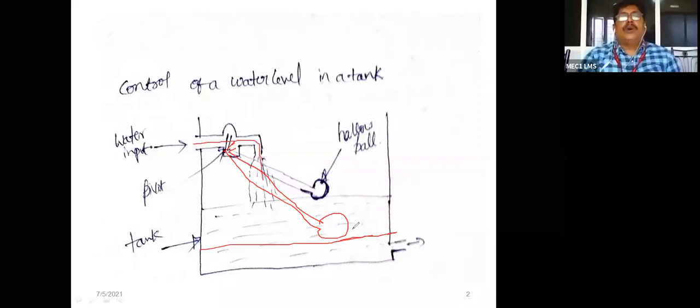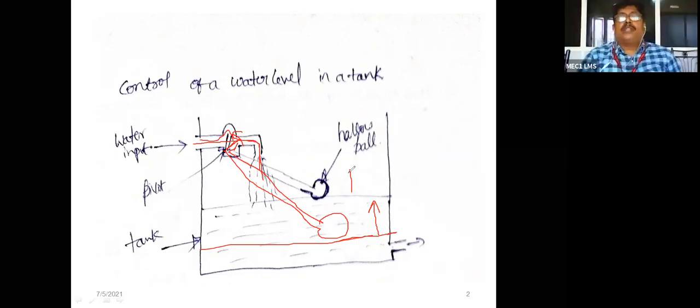And then if the level of the water rises in the tank, the ball also rises. This movement will move in this direction, anti-clockwise, if you observe clearly. Again, if the water falls, some small quantity of water falls into the tank.